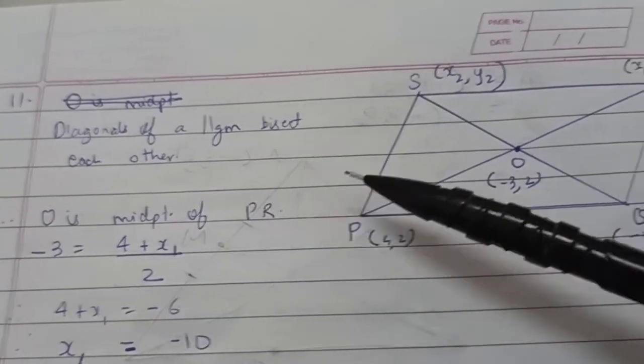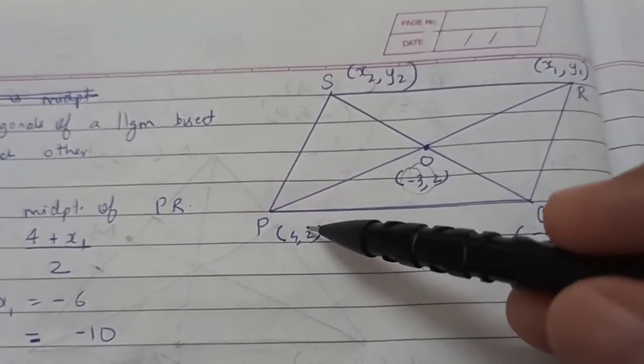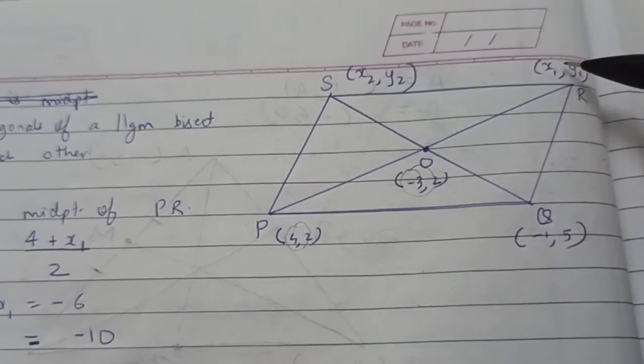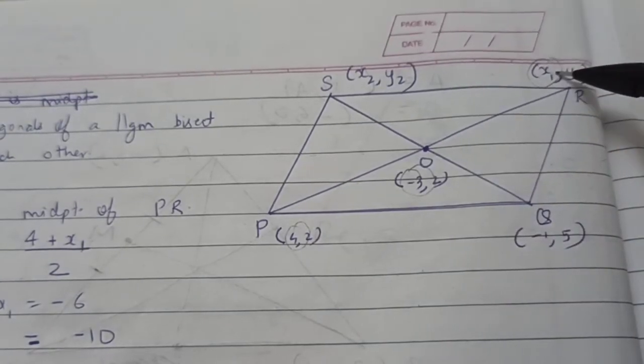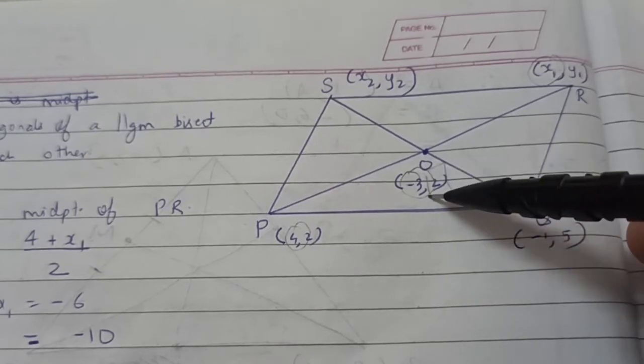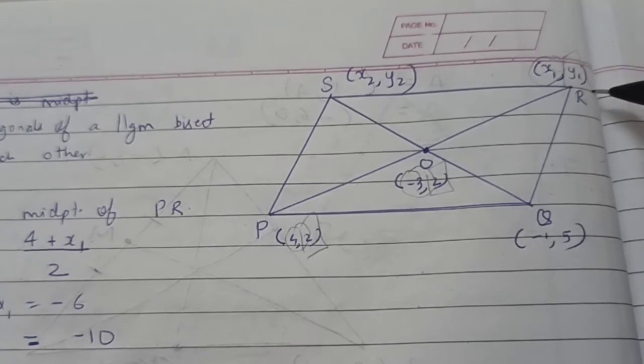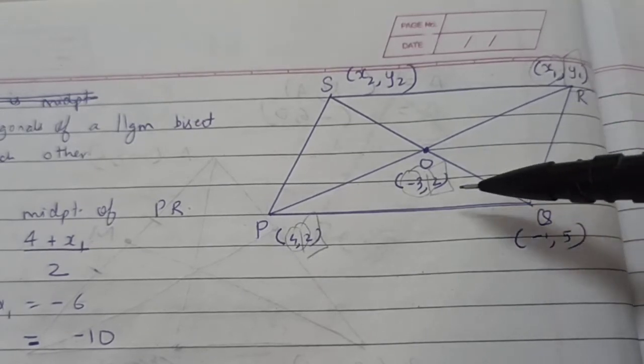Since O is the midpoint of PR, that means its x coordinate minus 3 is equal to 4 plus x1 upon 2. So that's how we get the x1 value. And y coordinate 2 is 2 plus y1 upon 2. So that's how we get the value of y1.